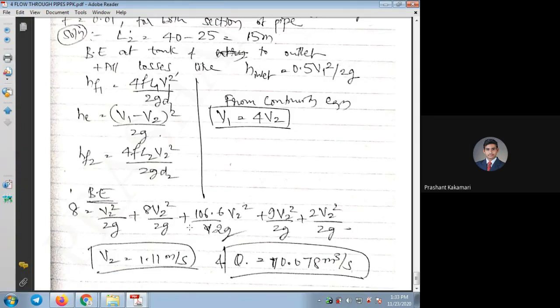So after simplification, they are getting, considering the velocity values, 8 equal to V2 square by 2G, and also the losses they have considered. Sudden expansion, sudden contraction, all those losses they have considered along with the losses in the pipe.